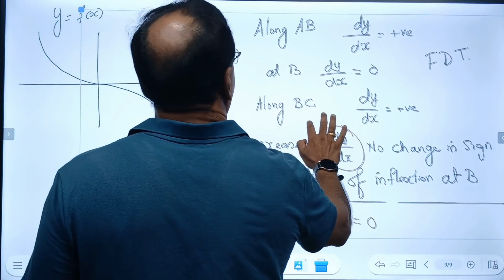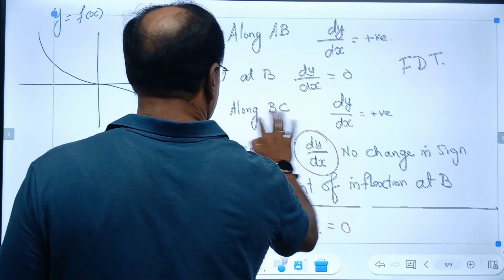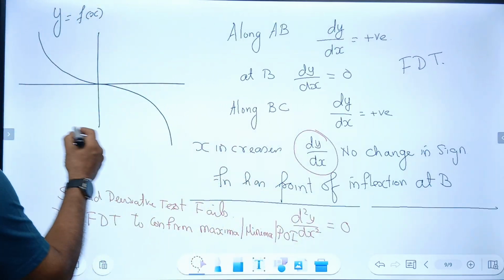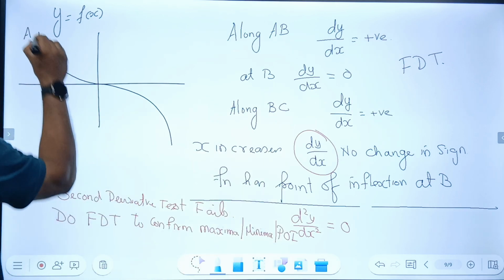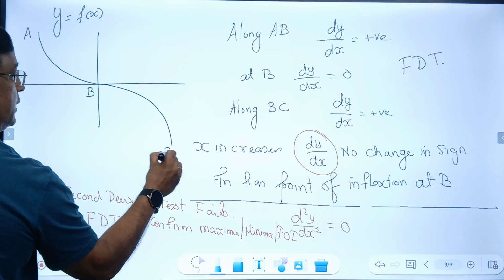Now this is my point A, this is point B, and this is point C.